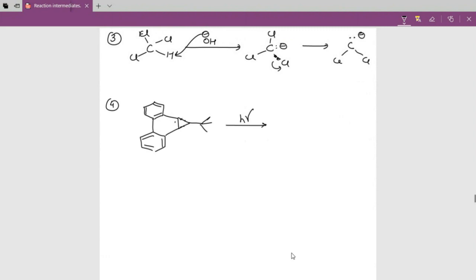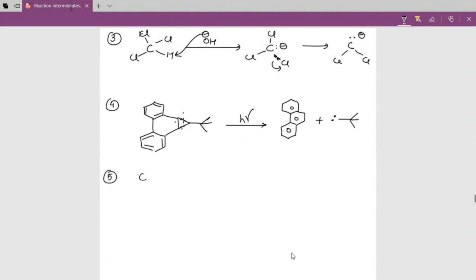So these bonds will break and a pi bond coming here will make this ring aromatic. And this part will form the carbene.